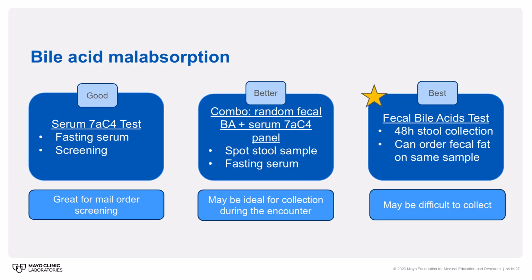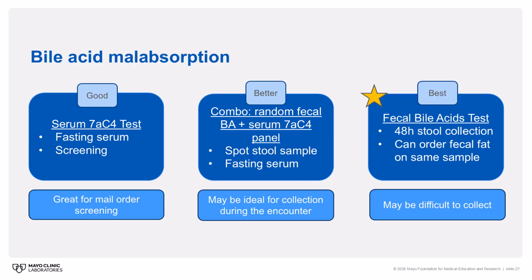If we look at the pros and cons of these 3 test options, the serum 7-alpha-C4 test on its own is easy collection. Patients are accustomed to a venipuncture and a fasting serum draw, and it can be a great option for a mailed-in order for screening.